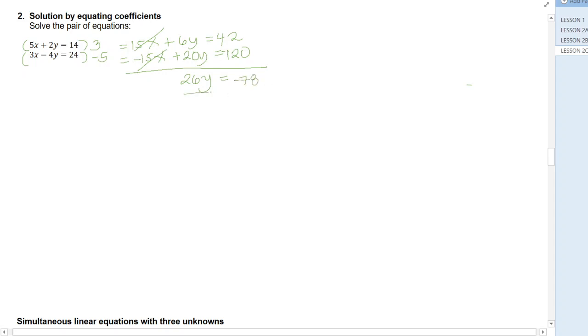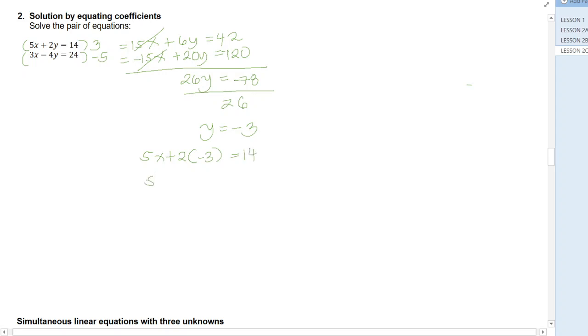So if we are going to get y there, let us divide both sides by 26. So your y is equal to negative 78 divided by 26, that is negative 3. Okay, so if we are going to substitute the value of your y to any equation, it is the same. Okay, so let us have the first equation, which is 5x plus 2 multiplied by negative 3, let us substitute the value of your y already, that is equal to 14.